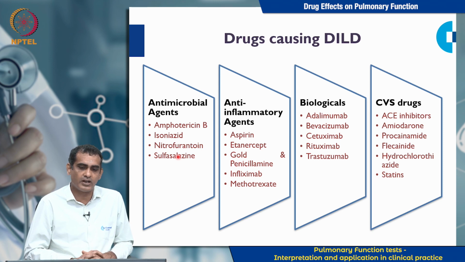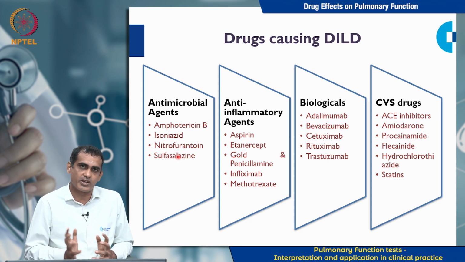Biologicals, they are monoclonal antibodies. They are used in many conditions, maybe in rheumatology or autoimmune diseases, maybe in malignancies we are using them. Adalimumab, bevacizumab, cetuximab, rituximab and trastuzumab. All of them run a risk of producing ILD.